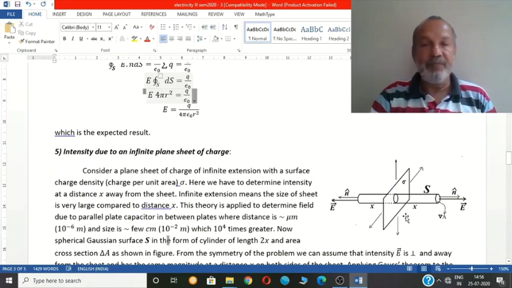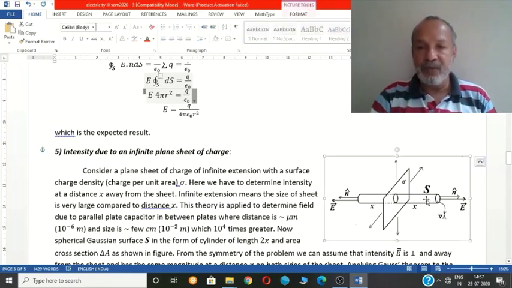Because of the symmetry of the problem, we can assume that E is perpendicular to the plane sheet, and it is away from the plane sheet. So this Gaussian surface is a cylindrical surface of length 2x and cross-sectional area delta A.